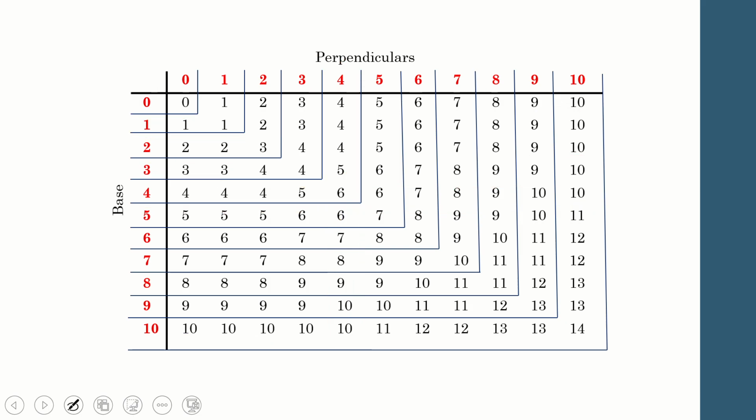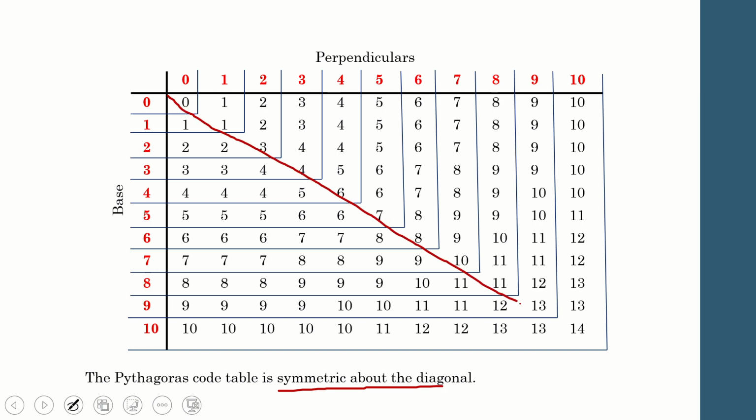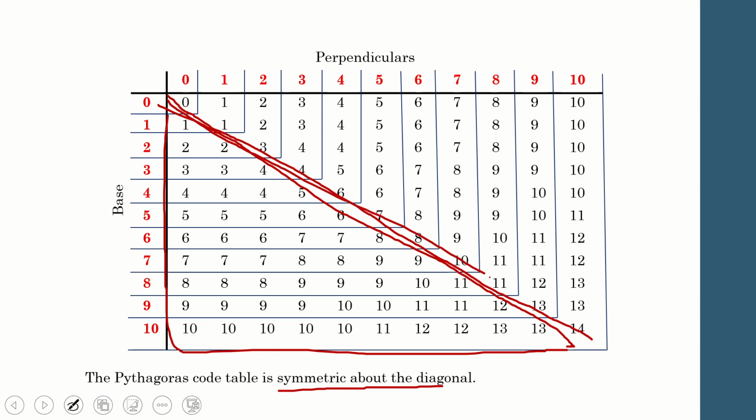Okay, next observation. It is also saying the Pythagoras chord table is symmetric about the diagonal. You see this is the diagonal, and this is the lower triangular matrix and this is the upper triangular matrix.